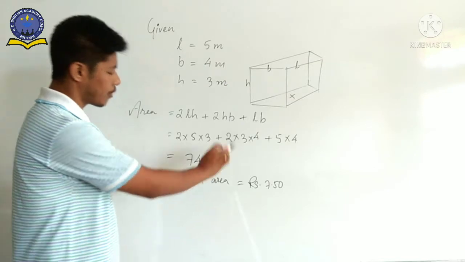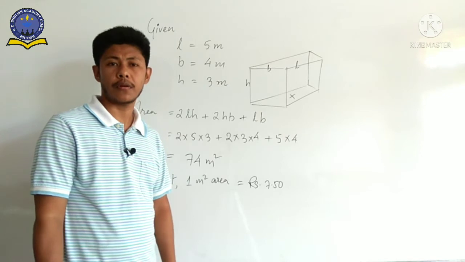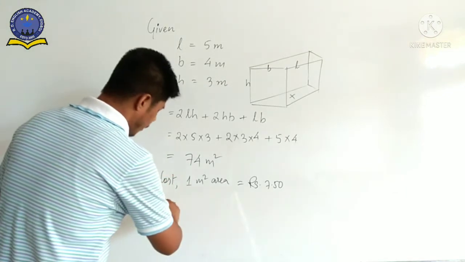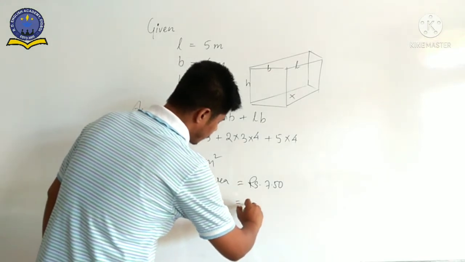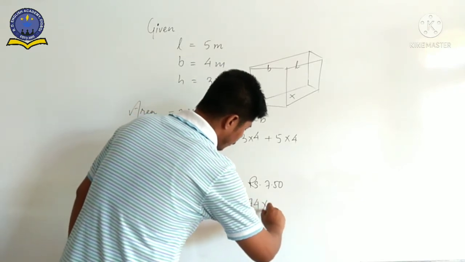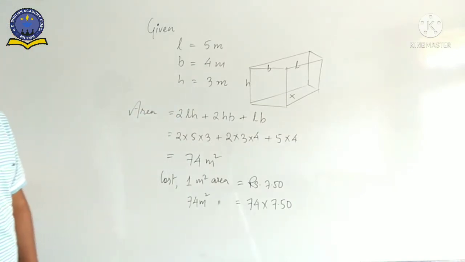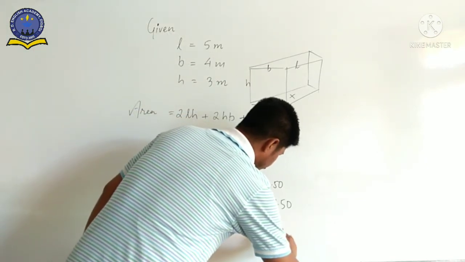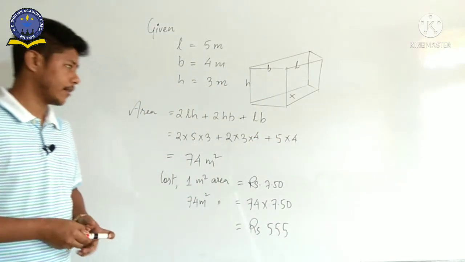The total area is 74, so for 74 meters square we multiply 74 with 7.50, and if we multiply these two, the answer we get is rupees 555. Is it clear? This one is the answer.